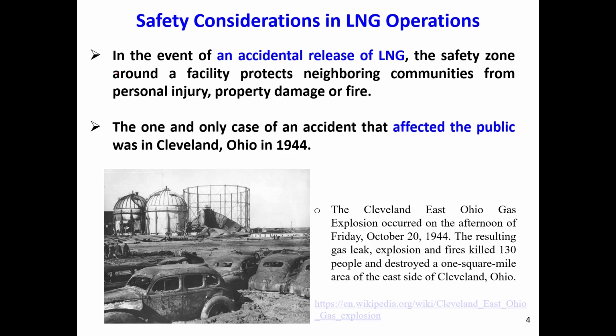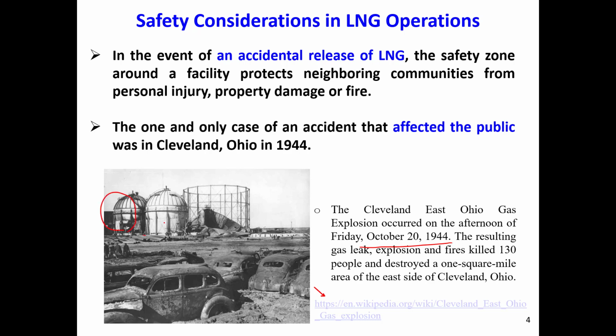One of the major accidents happened in Cleveland, east of Ohio, where there was a gas explosion in this plant. You have a Wikipedia link, and you can go study more about it. It happened in October 1944, and what happened?